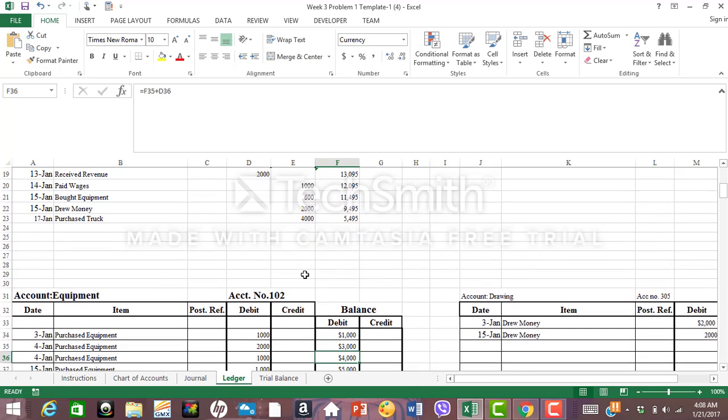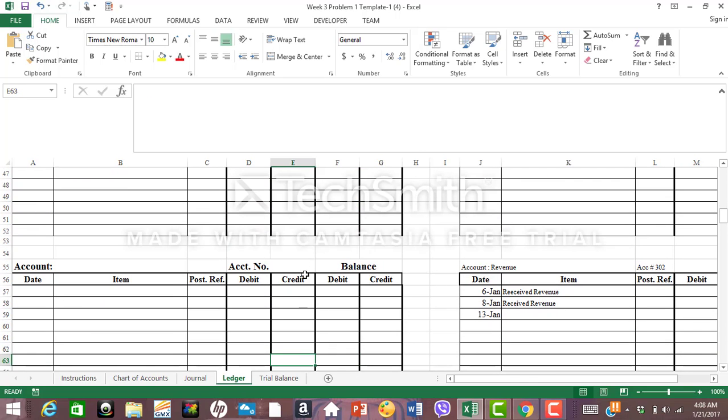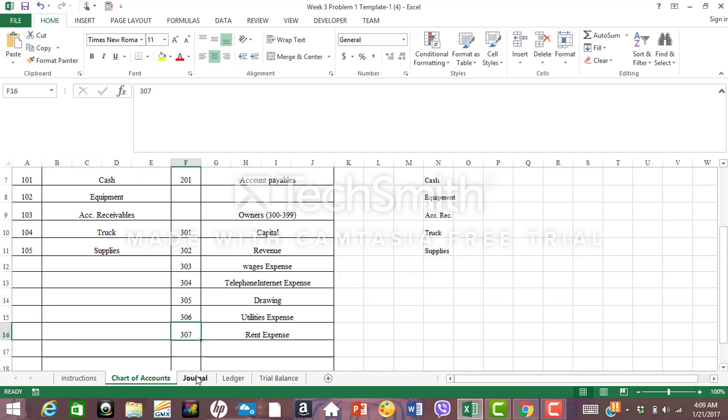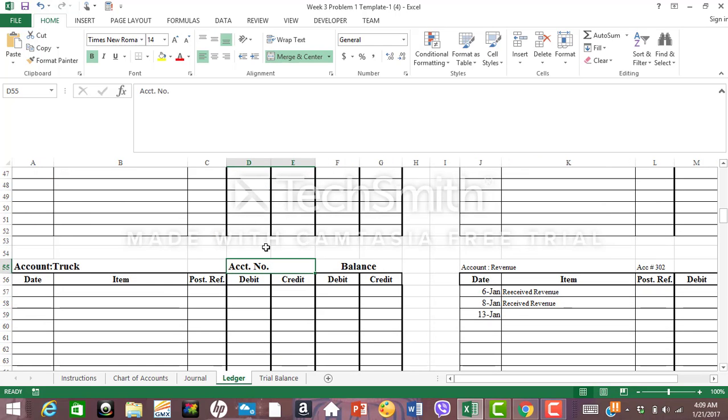Then we add a new account name, which is truck, and it is 104. The date is January 17th, purchased truck, and the truck is 8,000, so the balance is 8,000.